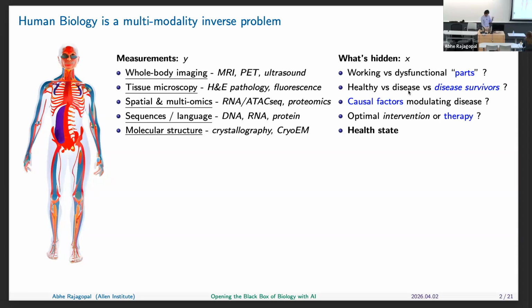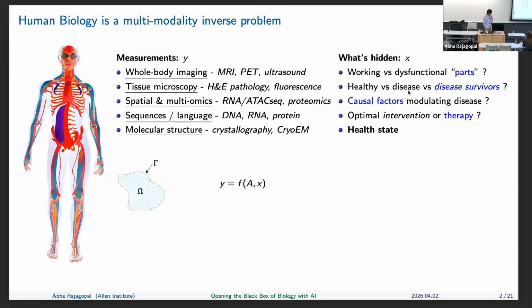So this is maybe the challenge in medicine, coming up with all of this parts list and how they're interconnected, just really using measurements that we can make. You might be familiar with the idea of inverse problems, looking at integral equations and trying to solve for the values on a domain given measurements on the boundary.